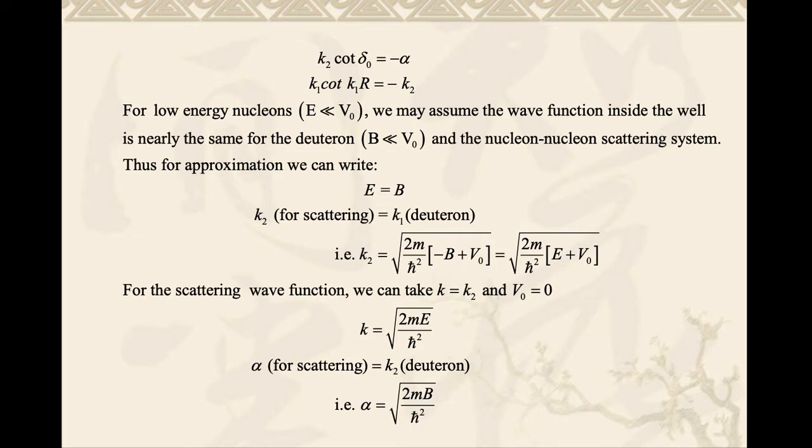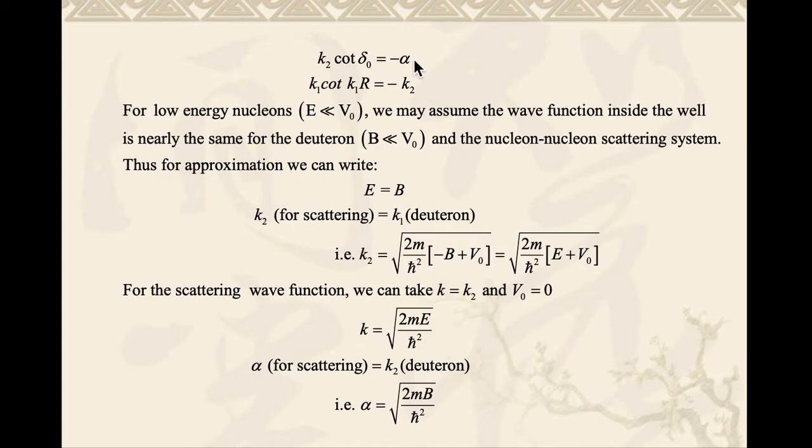So for the wave, you can take K as K2 and this V0 equal to 0. There is no interaction, so V0 is 0. So your equation becomes, this K2 becomes K. K is equal to root of 2mE by h cross square.